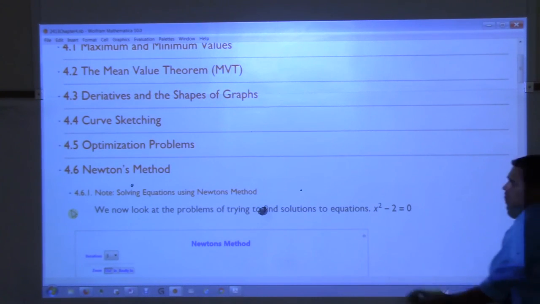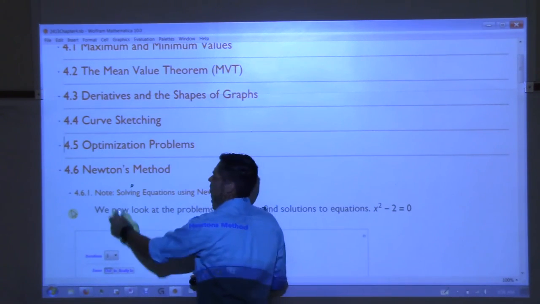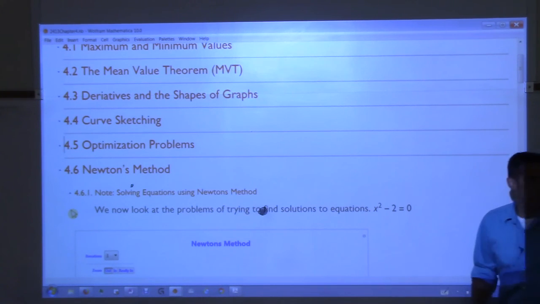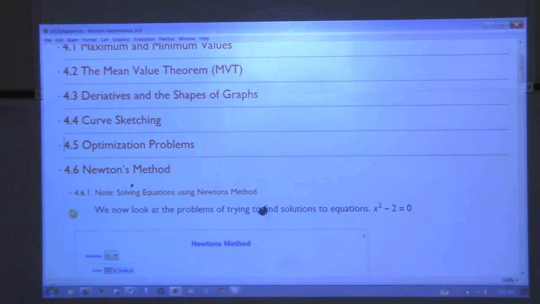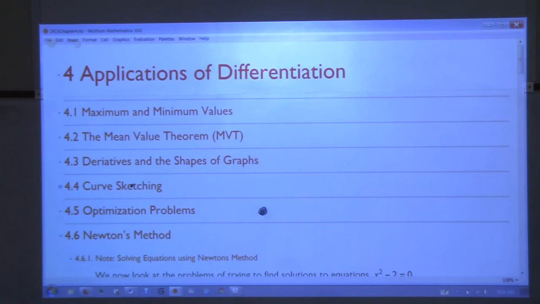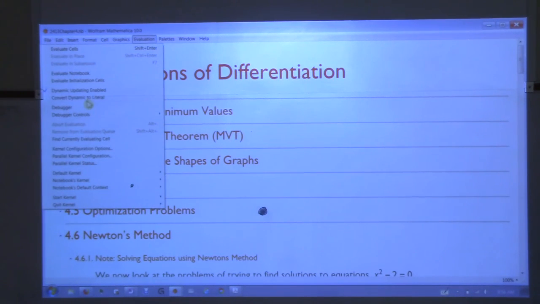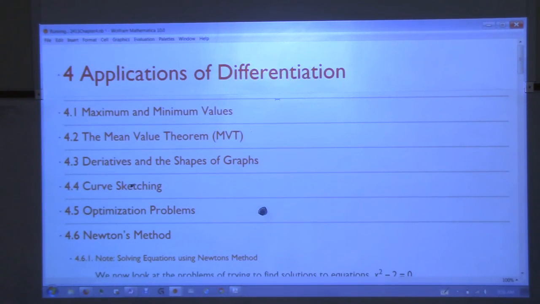Do you remember me telling you how your calculator solves problems? In certain calculators you have this solve function. So I'm going to show you this method called Newton's method. I think I need to reevaluate this notebook real quick. Start it all over.